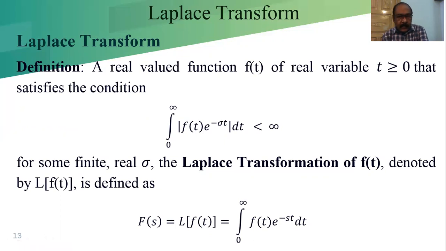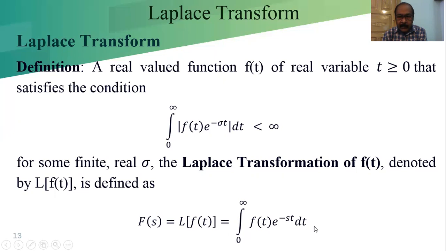So in this case, K(t,s), or you can say also K(s,t), is our e to the power minus st. So you can say e to the power minus st is the kernel of the Laplace transformation. This is our definition of the Laplace transformation.